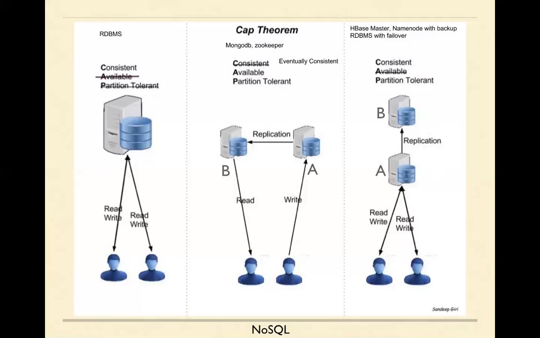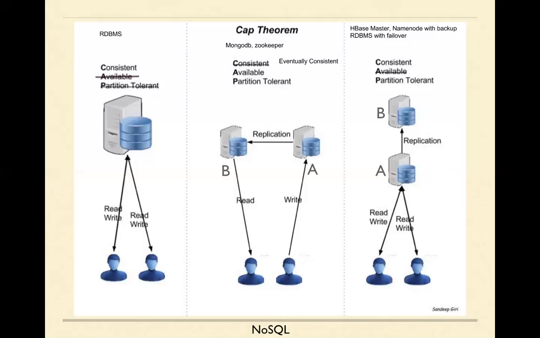The only trade-off is between consistency and availability. Some data stores provide consistency, some provide availability. And instead of providing consistency, most of these databases provide eventual consistency.